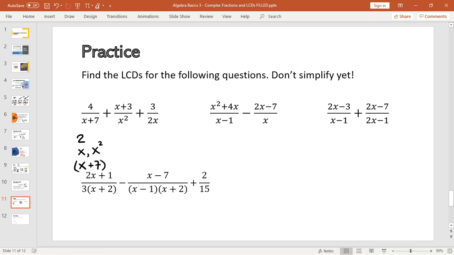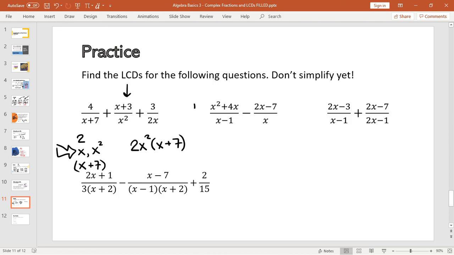If x is 5, x plus 7 is 12. So if I want to make my LCD, what do I need for numbers? I need 2. Looking at the plain x's, what's the highest power? x squared, and then x plus 7. That's your LCD for this problem here.